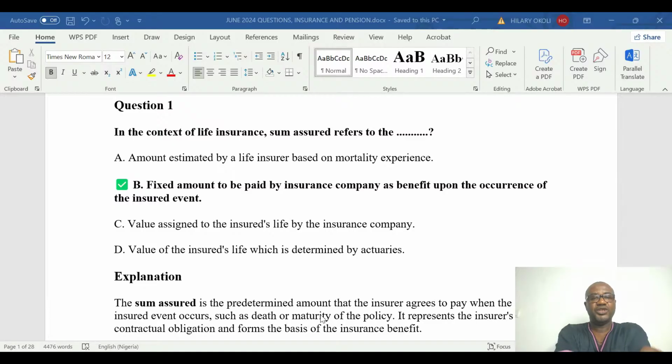Because we know an insurance company is a risk transfer mechanism, they have accepted certain risks, and a premium has been paid to them. So in the context of an event that is being insured, the insurance company will now pay the fixed amount.